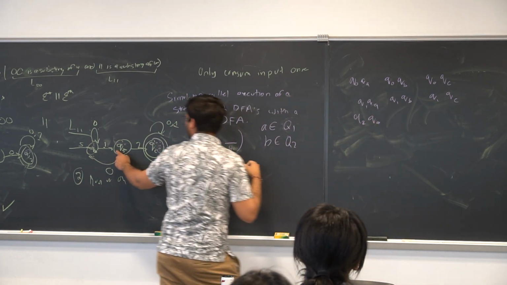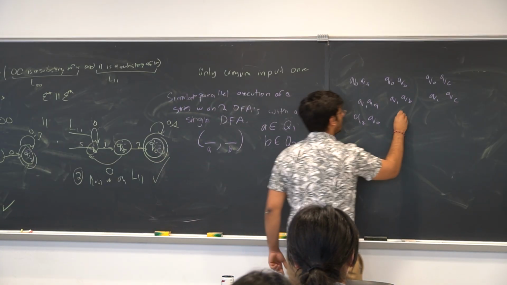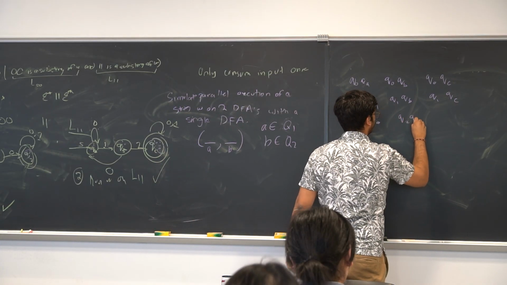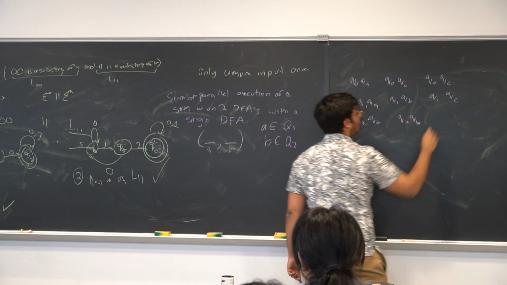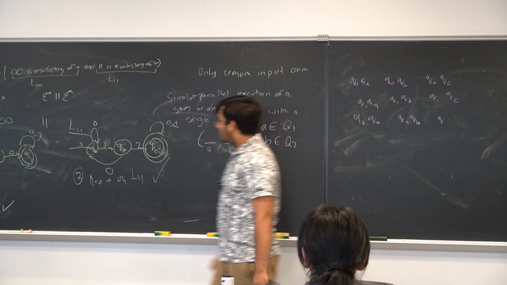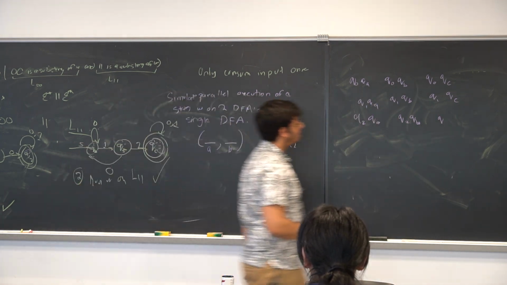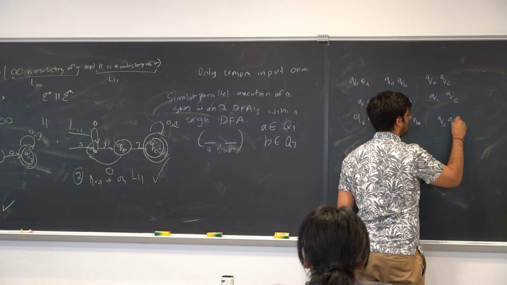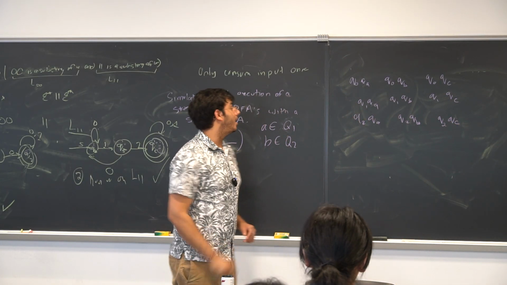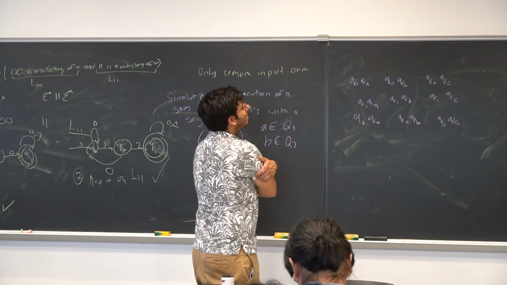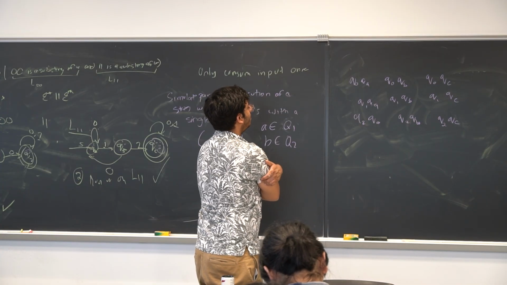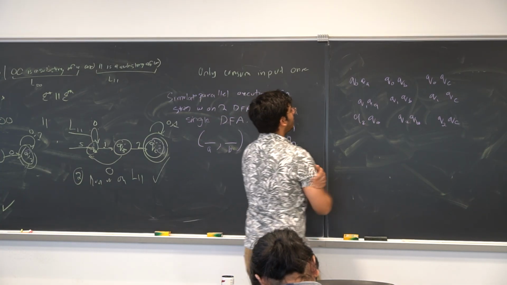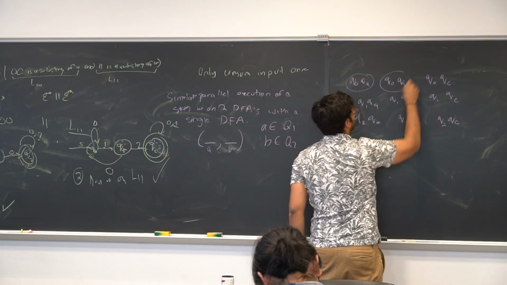Q2, QB. And then what do we have? We have Q2, QC. Okay, now, I guess you were right about 9. I don't have duplicates in here, right? It doesn't matter. So I draw all of these states.